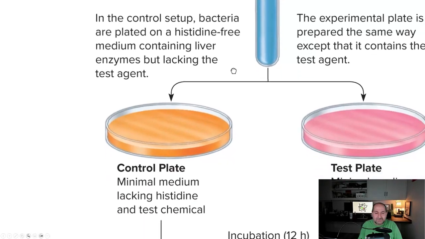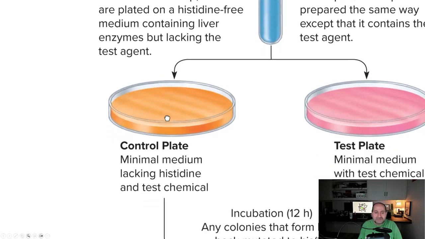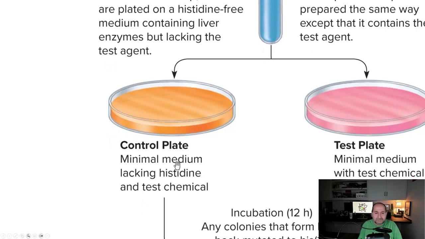His minus bacteria and you spread them on a plate. This is a minimal medium which lacks the amino acid histidine. Now, bacterium should not grow on this plate, remember, because they are not able to produce their own histidine due to that mutation, and this plate lacks histidine, so bacteria should not grow on this plate unless they incur a mutation.